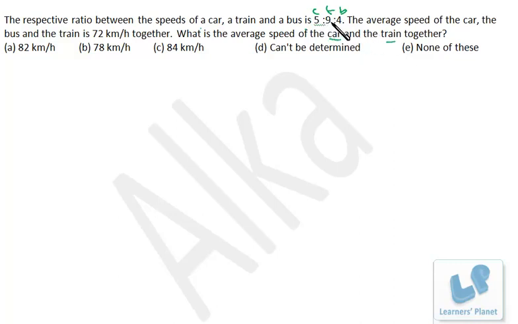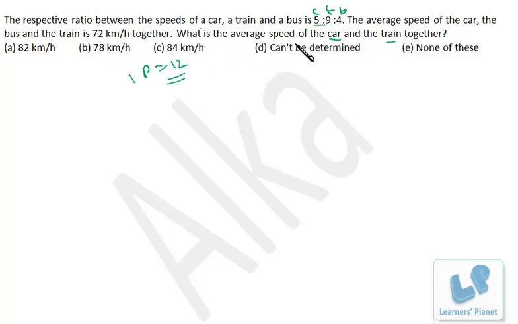The total speed is 9 plus 5, 14 plus 4, 18 parts, right? And so the average will be 18 by 3, that is 6 parts. Now that 6 parts is actually 72, because the average speed of all of them is 72 and according to this ratio it is 6 parts. So 6 parts is 72, that means 1 part is 12, right?